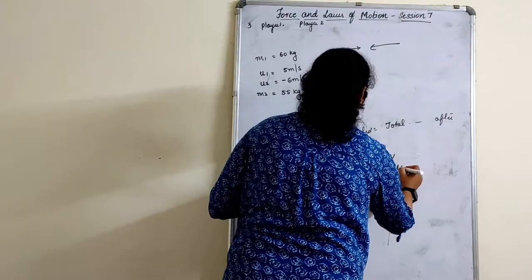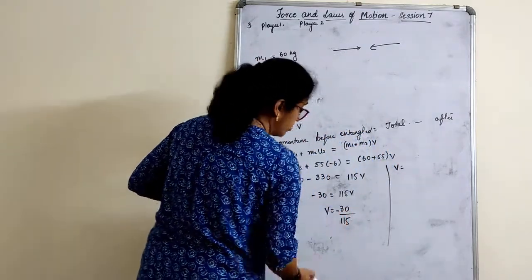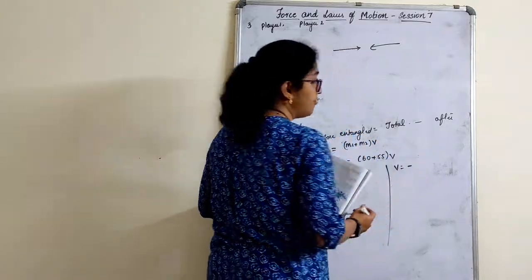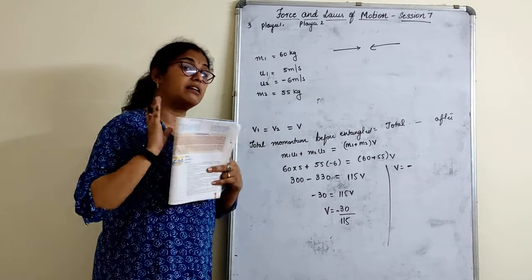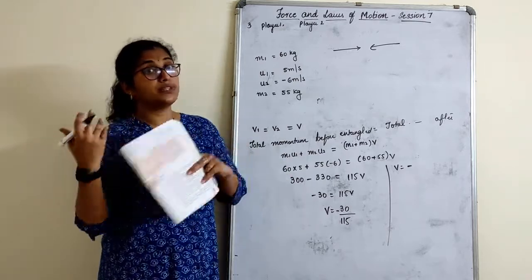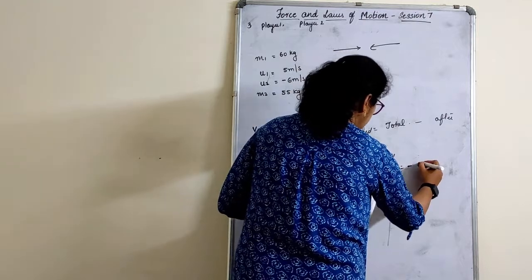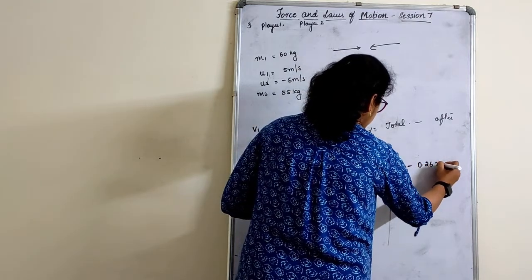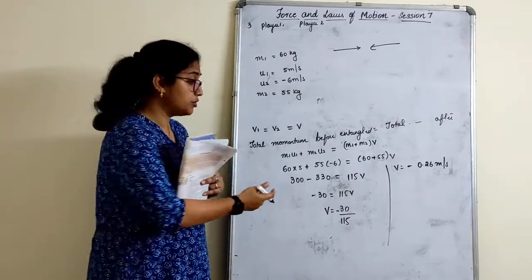Oh sorry, I forgot the minus sign. V will come in minus, because the player is coming in the opposite direction, they get entangled, and when they move, they have to move in the other direction only. So the answer I will write directly here, minus 0.26 meters per second. Do the cancellation; how to divide it I have told you.